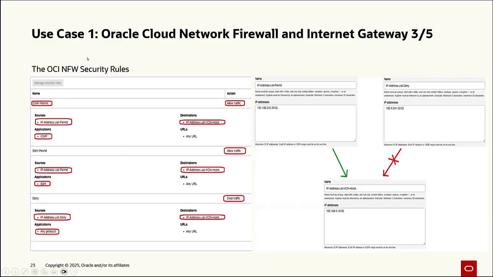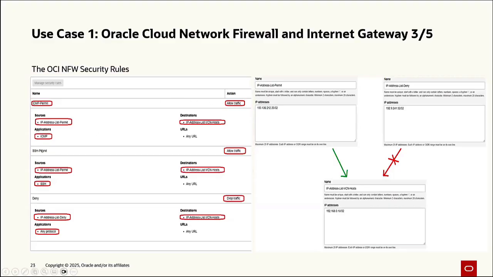So let's now create the security rules based on the IP address lists that we have defined on the right side of the screen. First, we will define our first security rule as ICMP permit, where we specify the source being the IP address list permit and the destination being the VCN hosts. Here, we want to permit the traffic from 150 to our VCN host, and the application is ICMP, right? And the action is allow traffic.